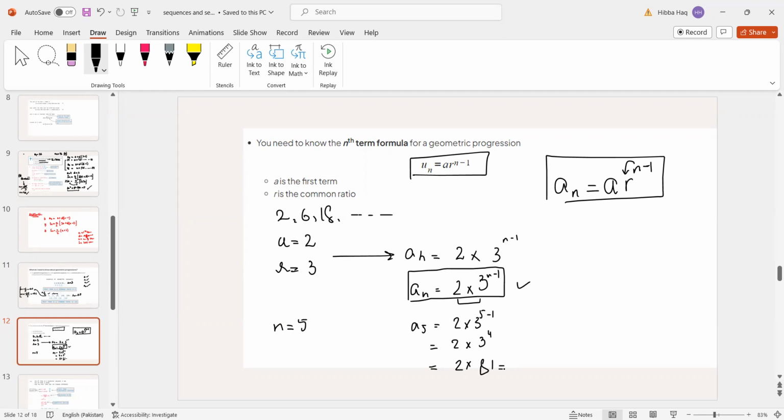And 81 into 2 gives me 162. So the fifth term of the sequence is 162. You can see that when you multiply 18 with 3 once and then multiply it again, you're going to get 162. This is basically how you're using your geometric sequence, and this is the formula you guys need to remember for it. All right.